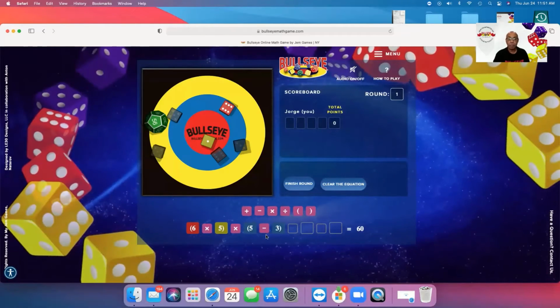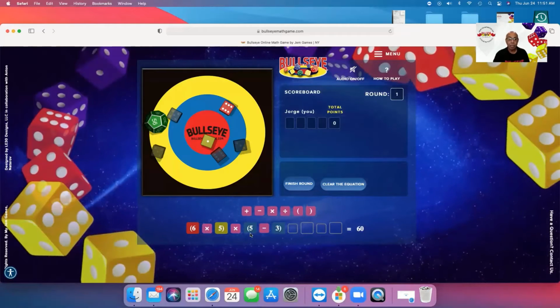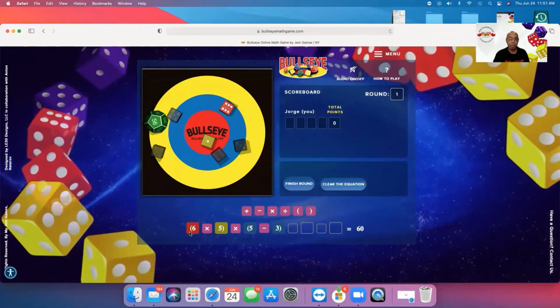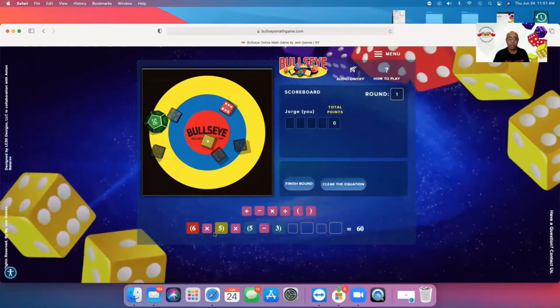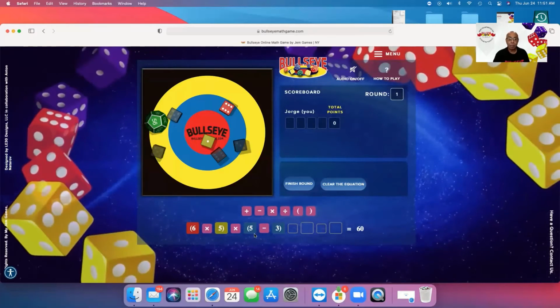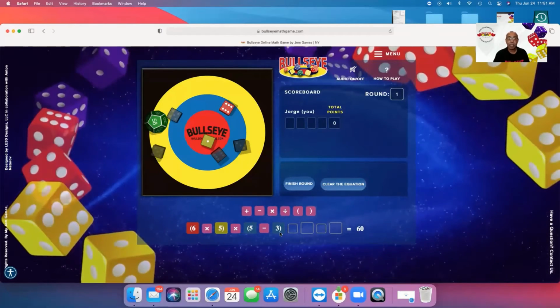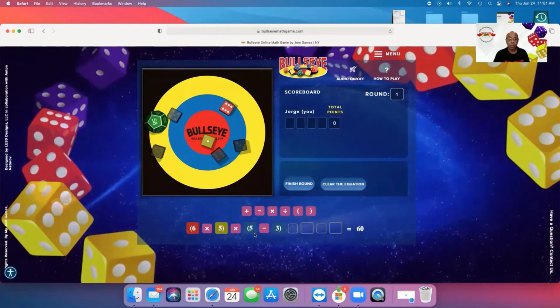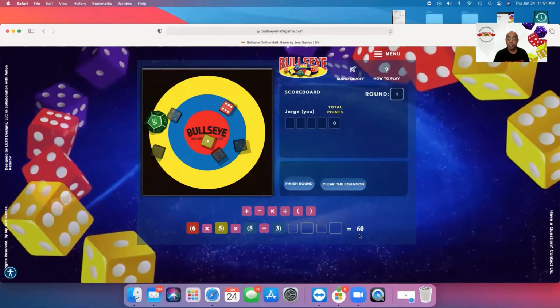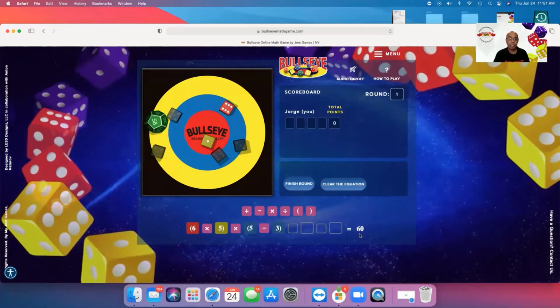And that gives me 60. So I have 6 times 5 in parentheses times the difference of 5 minus 3. 5 minus 3 gives me 2. 2 times 30 gives me the product of 60.